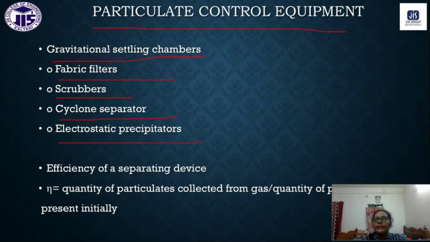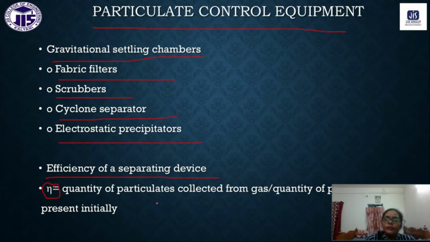Okay, so these are some of the control equipment that you have in your syllabus. Now, how can we measure the efficiency of a separating device? This is eta, and this is the equation.